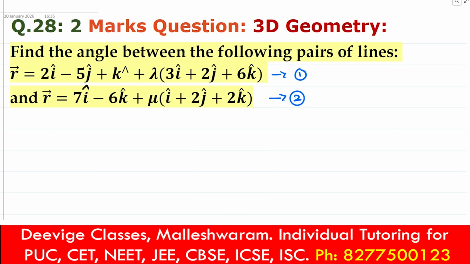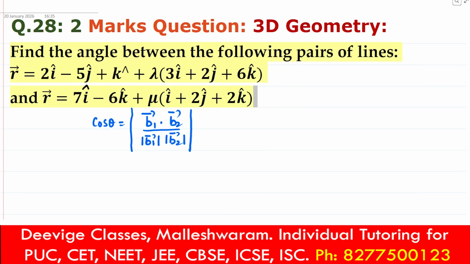The angle between two lines formula is cos theta is equal to b1 dot b2 divided by magnitude of b1 into magnitude of b2. Okay, so from this equation, first we have to write what is b1 and what is b2. See, lambda into is nothing but that is our b1 vector.